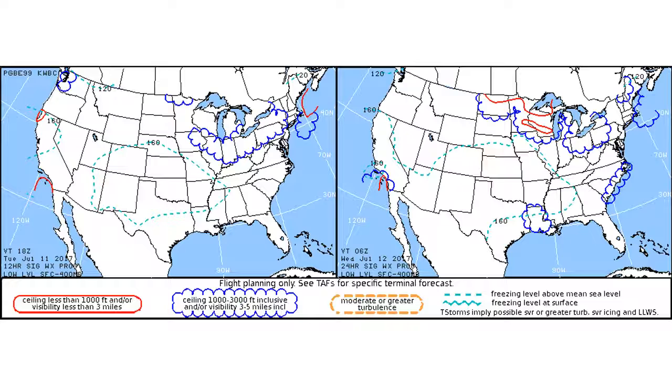So, looking at the low level prog chart, you can see the very northeast corner of North Dakota could see ceilings 1 to 3,000 feet inclusive, and visibility 3 to 5 miles.